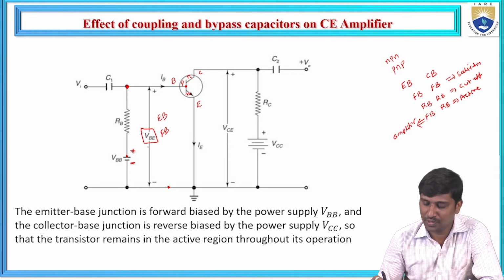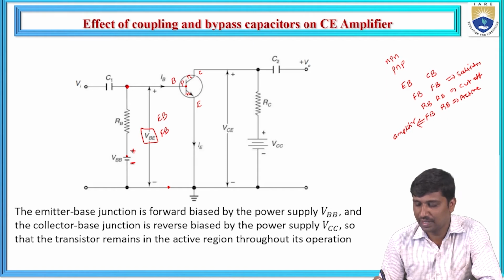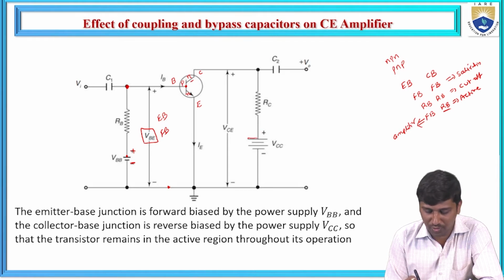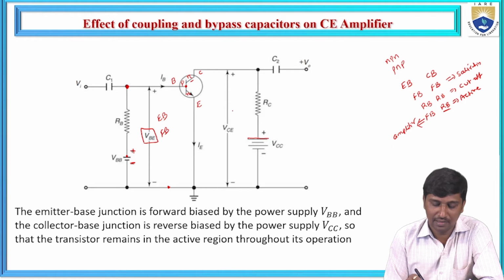Similarly, to satisfy the amplification principle, we need to make the collector base junction reverse biased. Let us consider this is the collector. The collector is made of N-type material, so it should be connected to the positive pole of the battery. Hence this collector base junction becomes reverse biased.